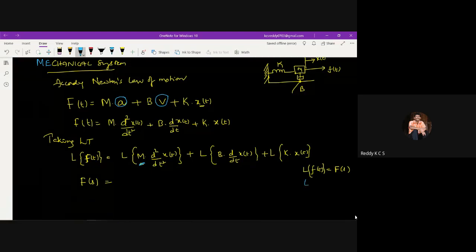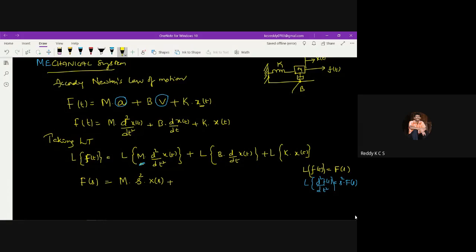We know that the Laplace transformation of the second derivative of f of t can be written as s square into f of s, neglecting the initial conditions. So m will be taken out because it is a constant, and the Laplace transform of d square by dt square of x of t will become s square into x of s. Similarly, d by dt is nothing but s into x of s.